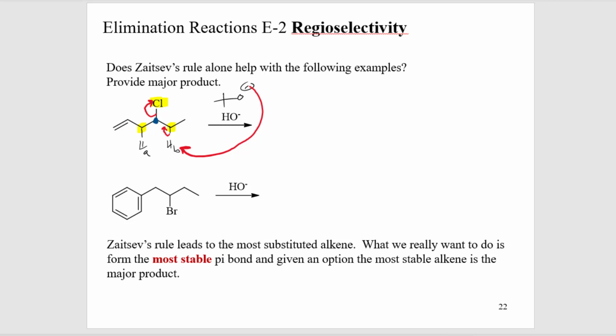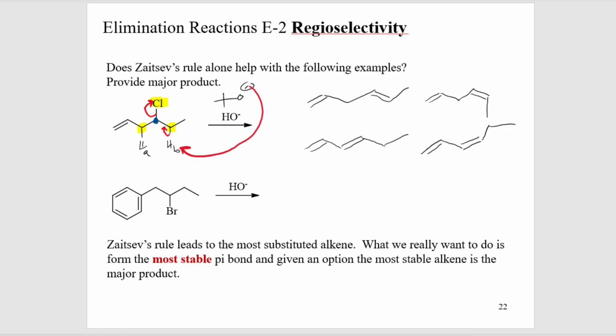Here are the possible products. The cis and trans version of removal of B, the cis and trans version of the removal of A. There are 4 possible products.